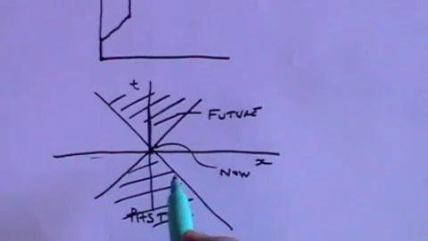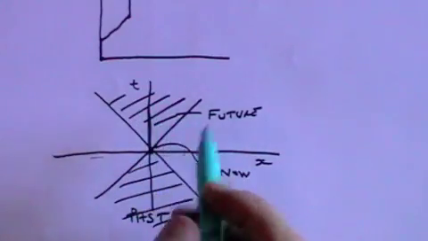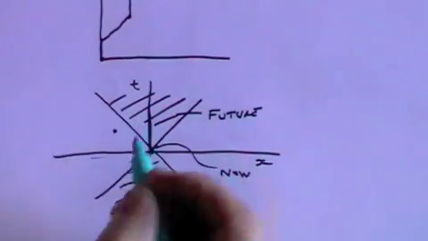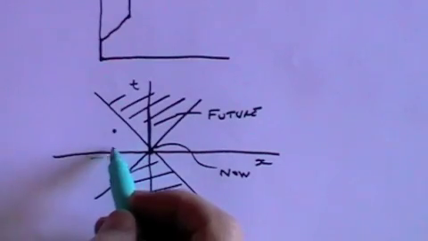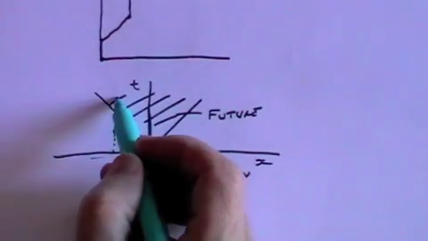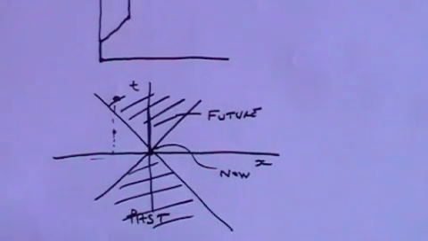And what we're saying is that for me, the future is this shaded area. This point here, I can never get to. It's a bit like saying I can't get to New York in 5 minutes' time. I can get to New York, but not in 5 minutes. I can get to this location in space here, okay, but I can't get there that quickly because then I'd have to travel faster than the speed of light.